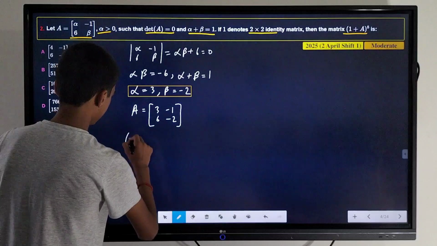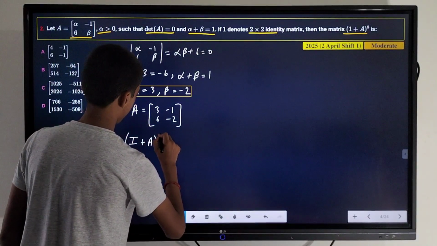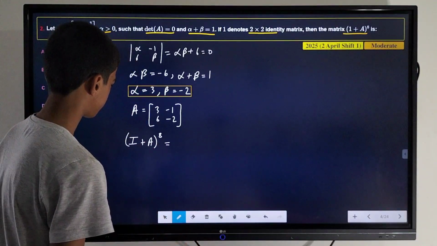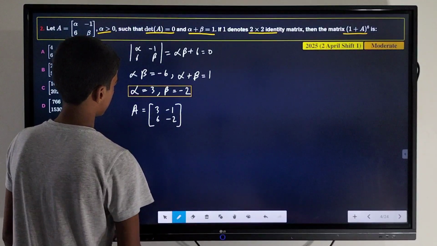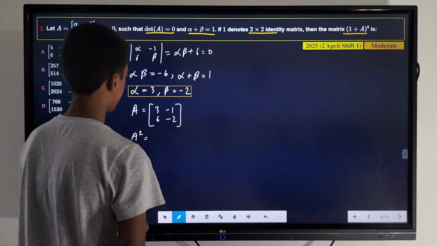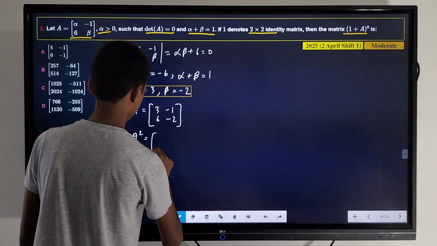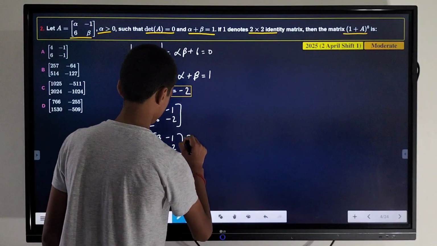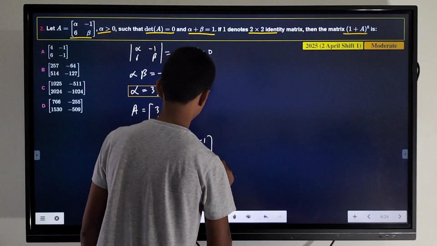Now I plus A raised to power 8. Using binomial coefficients, we can write it as, or first, let's calculate A square. A square is equal to 3, 6, minus 1, minus 2 times 3, 6, minus 1, minus 2.